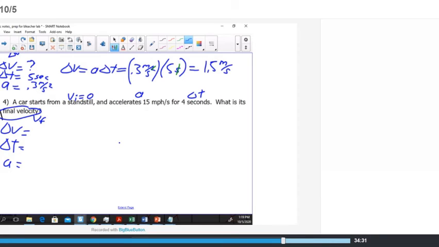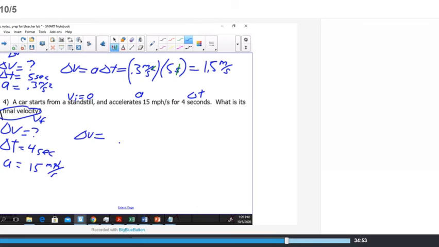So let's look at our delta V. Let's start filling in things. We have 15 miles per hour per second. Kind of an odd unit, but it's one that we're used to. We have a delta T of 4 seconds. That must mean we can find our delta V. So let's go ahead and do it.